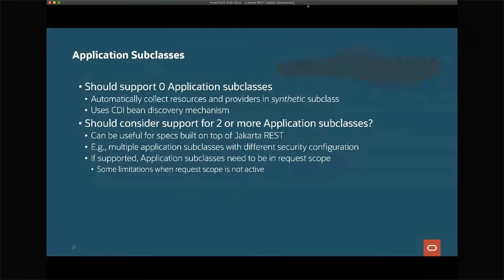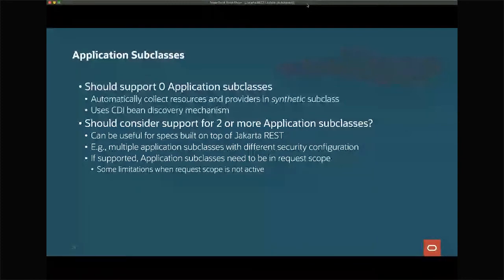And now the problem with this is that it introduces some issues with scopes, because today you can actually, in fact, inject the application subclass, and the application subclass that you have, it's going to be obviously an application scope. But if you have more than one, then this becomes a bit of a problem. You would probably want to inject the one that is specific to the request that is being processed, which would make that application subclass in request scope rather than application scope.